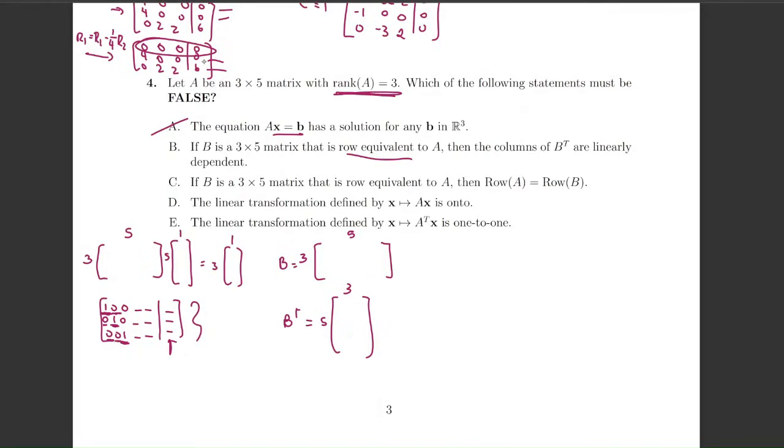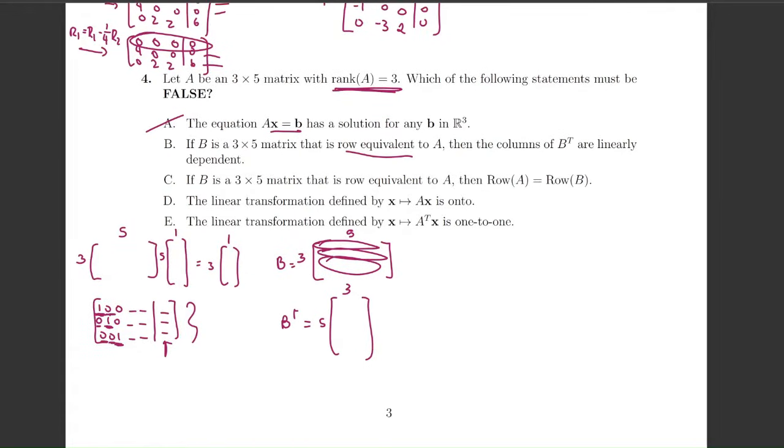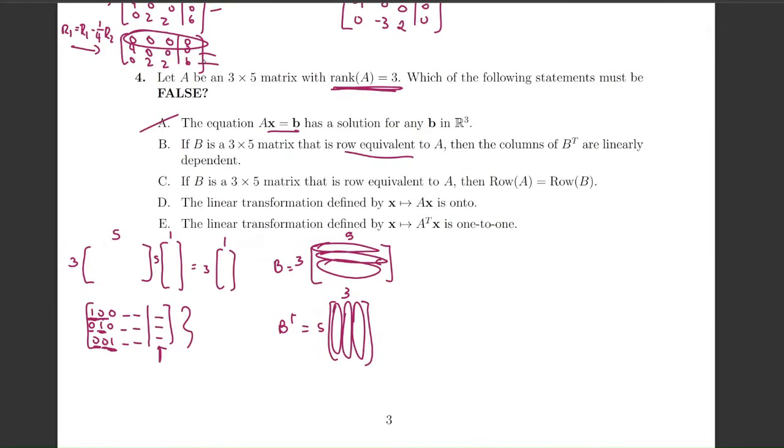So by that argument, B is going to have linearly independent rows. When we take the transpose, the rows are flipped into the columns. Since the rows are linearly independent, the columns in B transpose are going to be linearly independent as well, because we're just flipping the matrix around the diagonal.